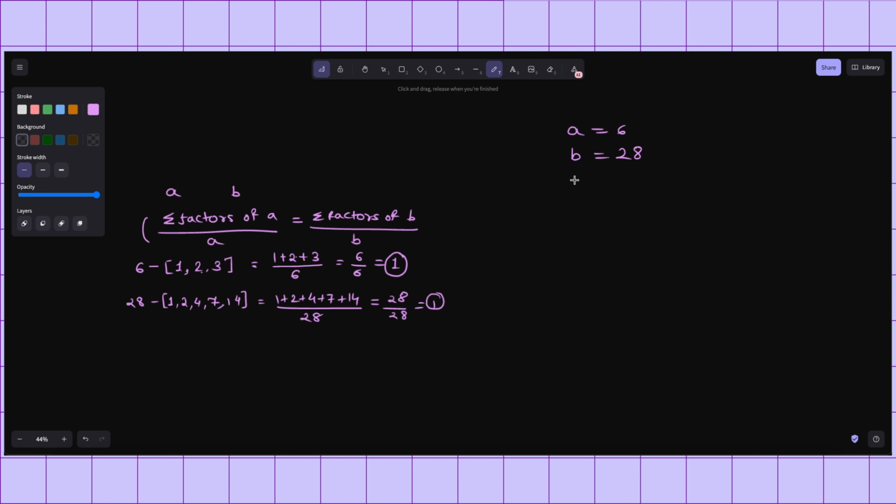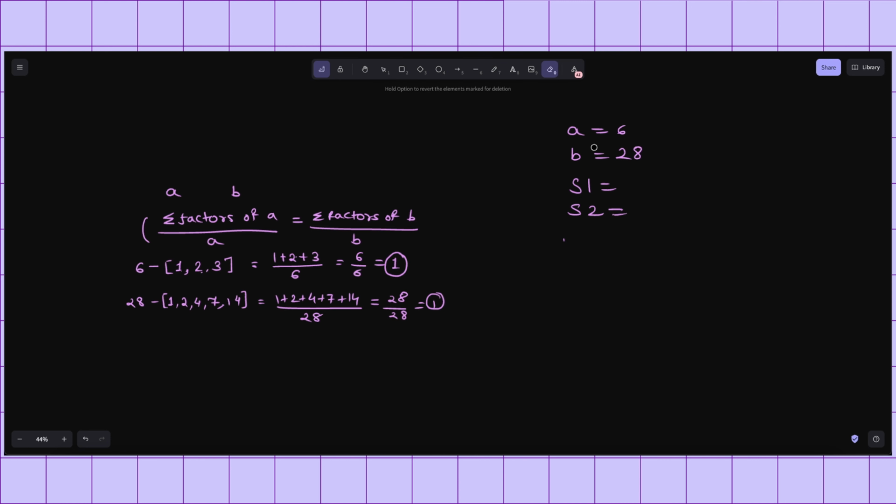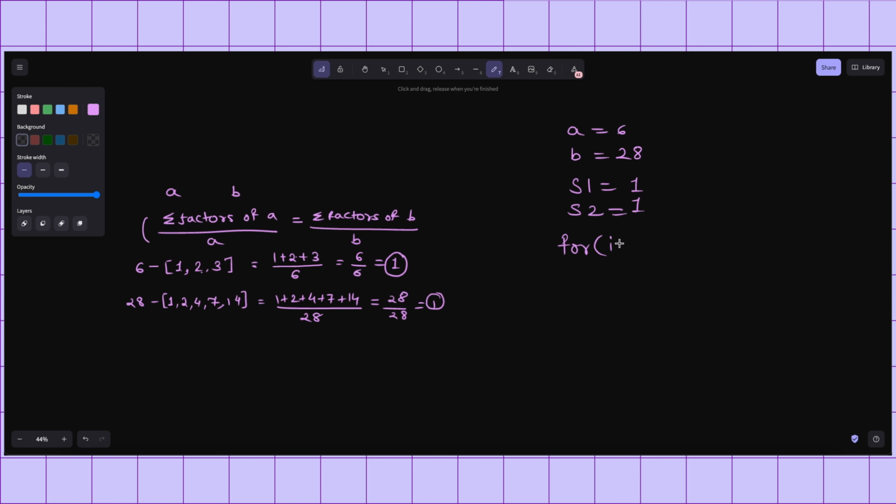So what we can do is have S1 equal to 0 for the first time and S2 equal to 0 for the first time. Or, instead of 0, we know that 1 is the obvious factor of every number, so we will start from 1. Now we will start from I equal to 2 to I equal to root A. We cannot do calculations for two numbers in a single loop.